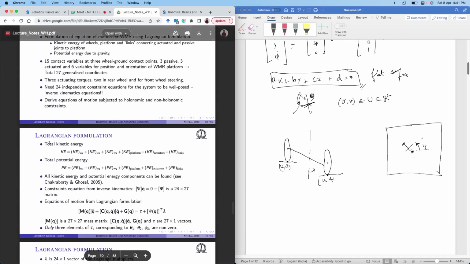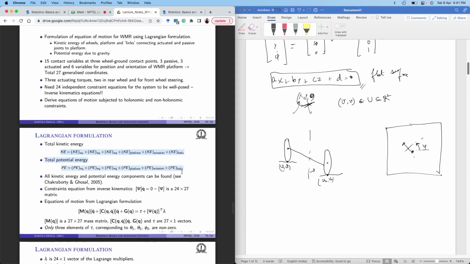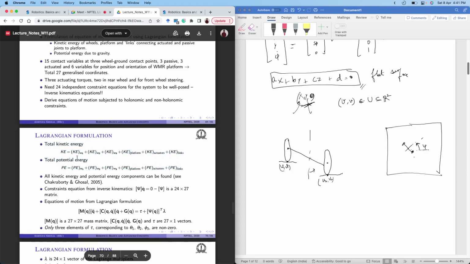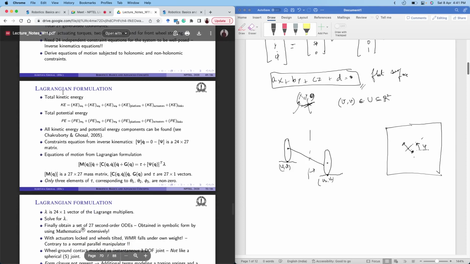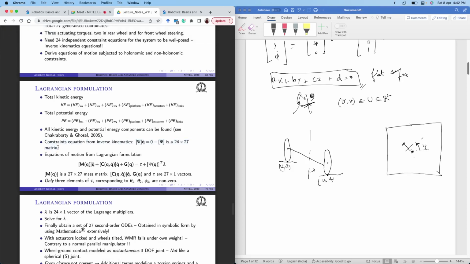analysis. And to write the dynamic equation of motion, one method that has been discussed here and that is quite useful is the Lagrangian formulation. You write the kinetic energy, you write the total potential energy, and then you use the Euler-Lagrange equations to write the final equation of motion. In the Lagrangian formulation, you can always take into account the constraints that are there for the system.